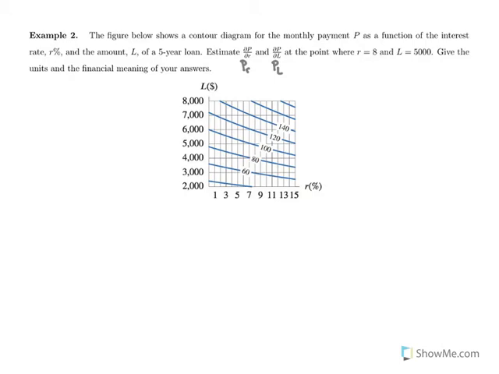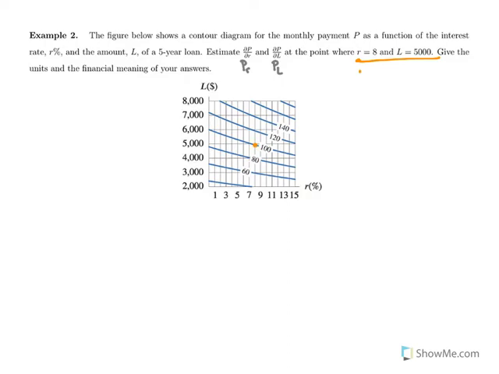So we're going to do the exact same thing that we just did, except now we have to interpret what the function values are given this contour diagram. So to start with, let's find out what point we're going to be looking at. R equals 8, L equals 5,000. So that is a rate of 8% and a loan of $5,000. We're looking at this point right here.